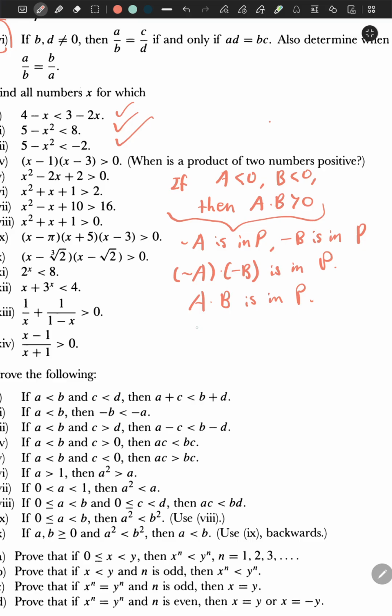So this is the exact statement that we wanted to prove. Same thing: AB is in P means that AB is in fact greater than 0, right? So we proved it.